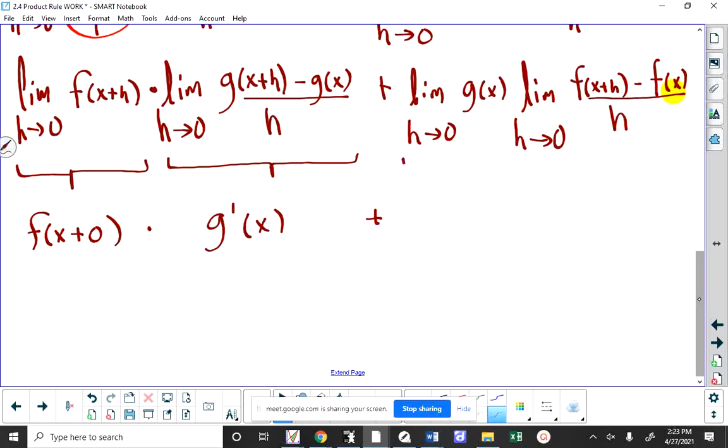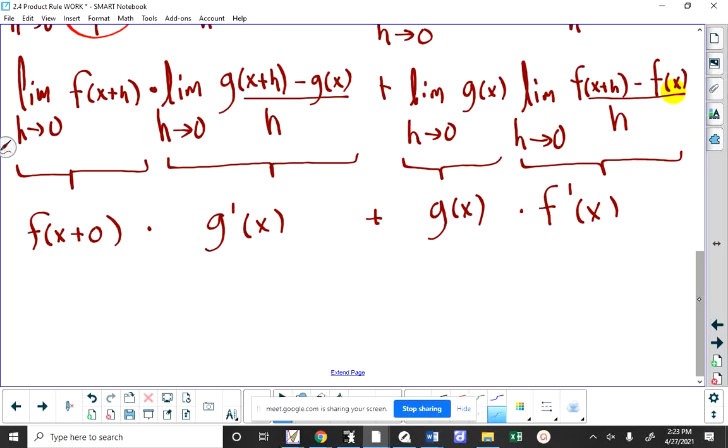What is this equal to? Well, h isn't even involved, so g of x is almost like a constant in regards to that limit. It's not affected by h. And this, the limit as h approaches 0 of f of x plus h minus f of x all over h is the derivative of the function f. And there's the product rule.